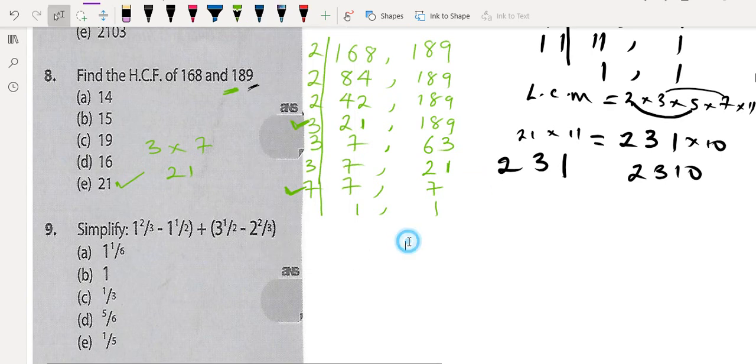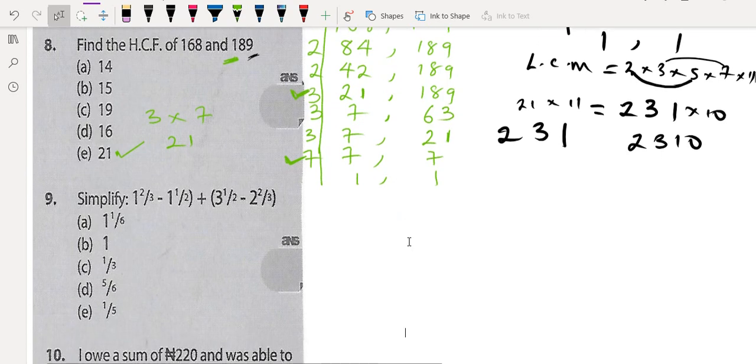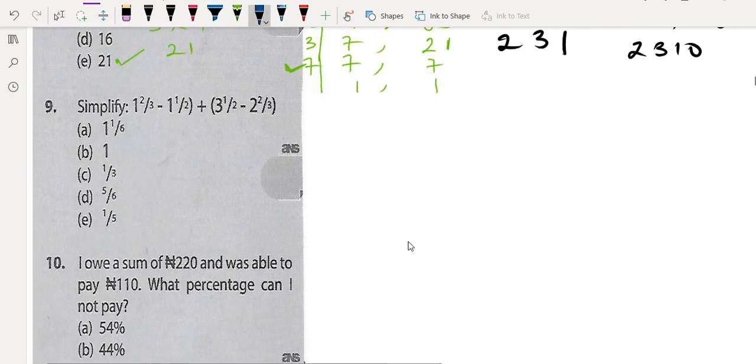Okay, number 9, please. There should be an open bracket here.